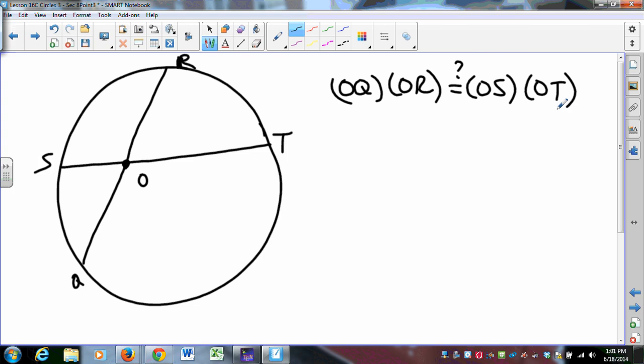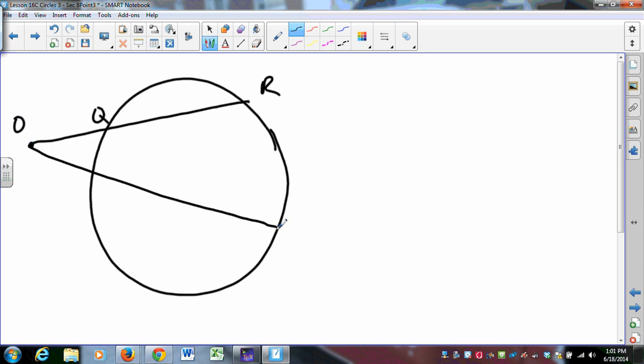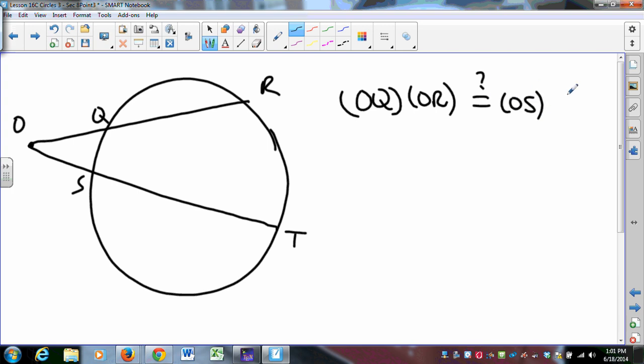I imagine that similar triangles is going to be the key for you. You have to show that if you choose some point outside the circle and you draw a secant like this and a secant like that, then OQ times OR is equal to OS times OT.